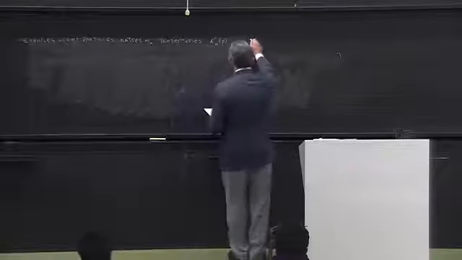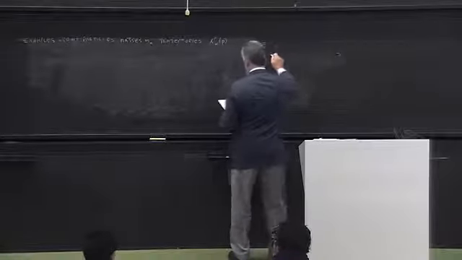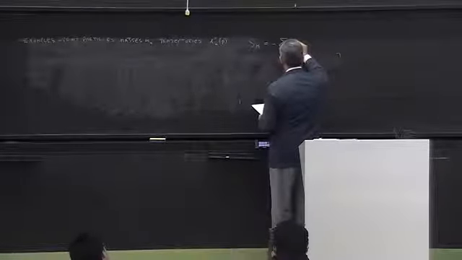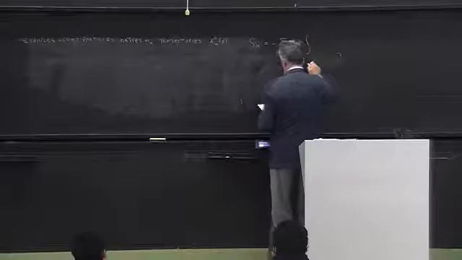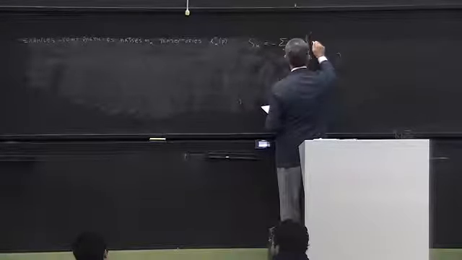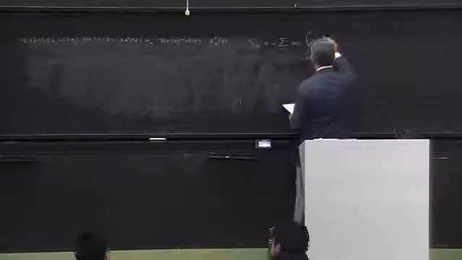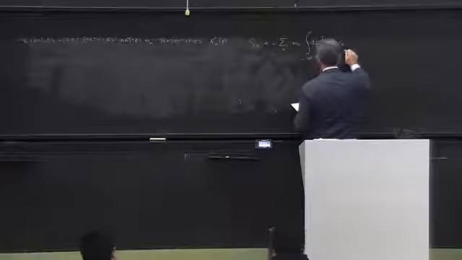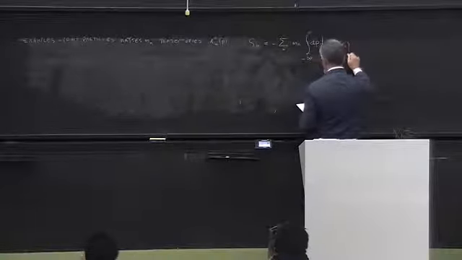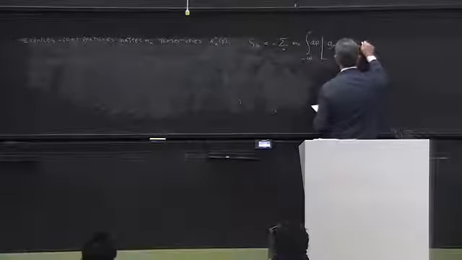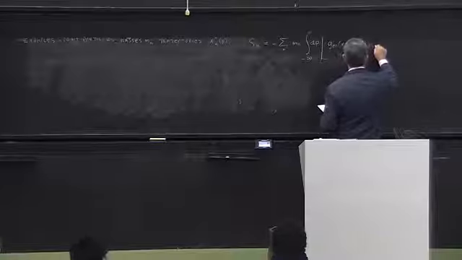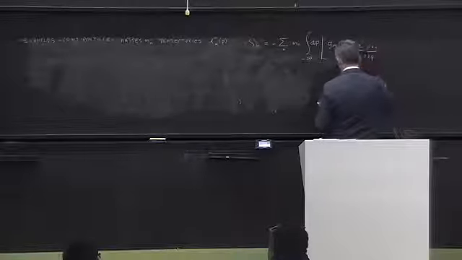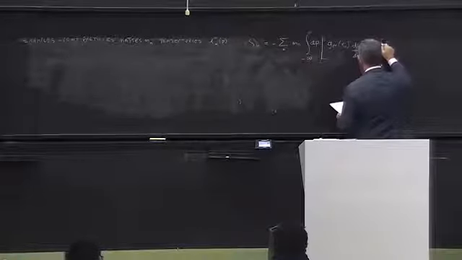And S_M, in this case, will be minus the sum over n, m sub n, integral from minus infinity to infinity dp, g mu nu of x sub n, dx mu sub n by dp, dx nu sub n by dp, to the 1/2.